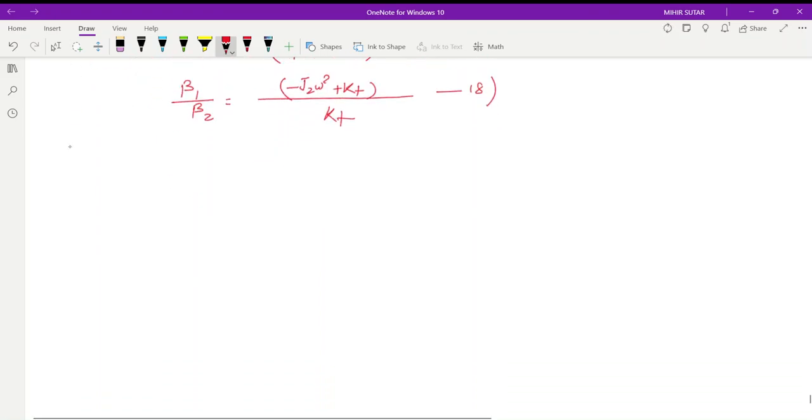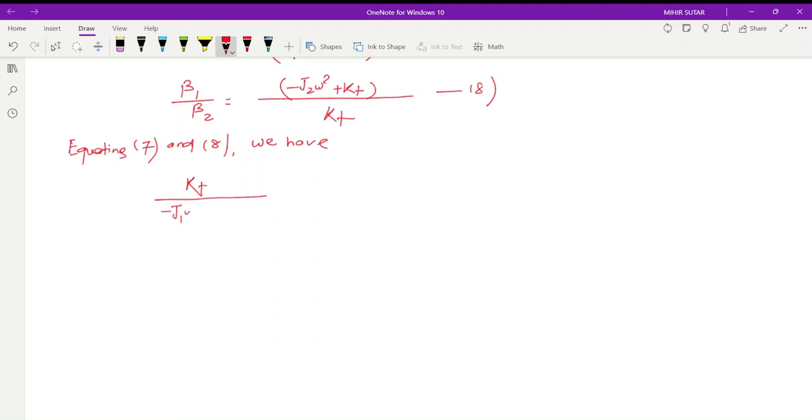Now equating 7 and 8, we have Kt divided by minus J1 omega square plus Kt is equal to minus J2 omega square plus Kt divided by Kt, right?